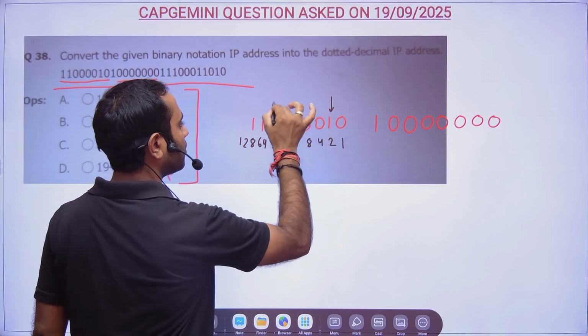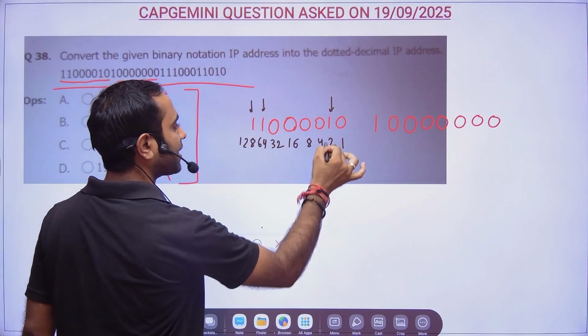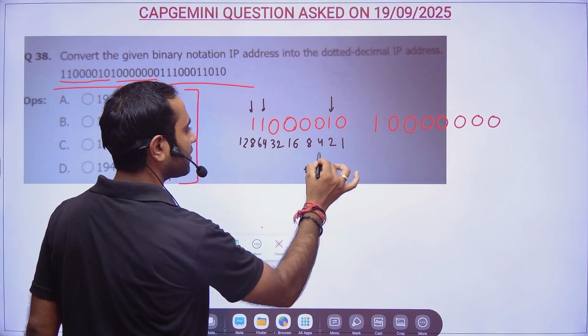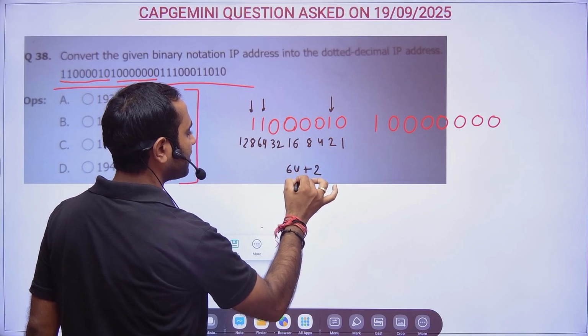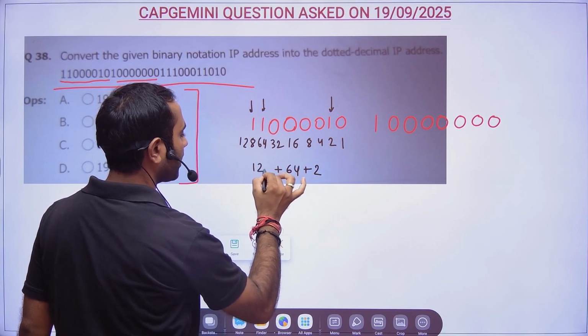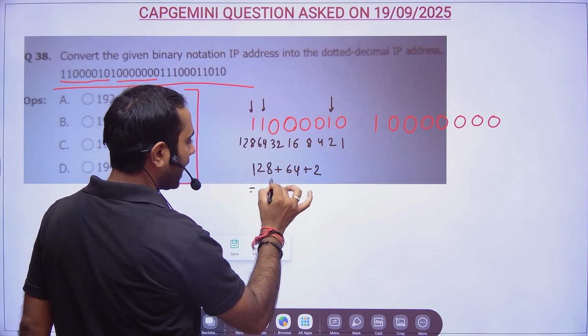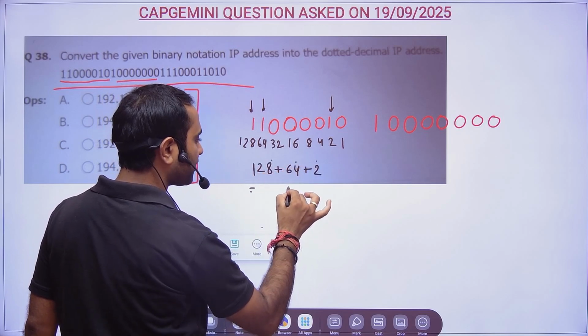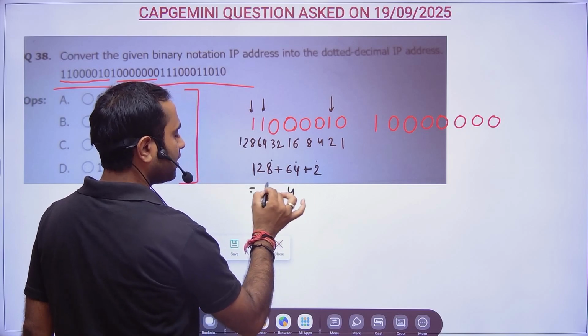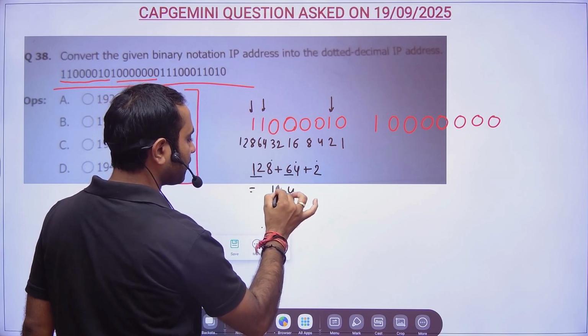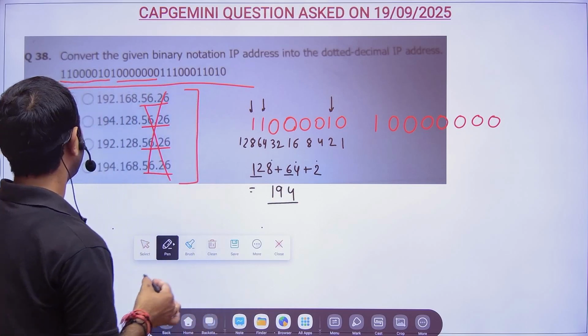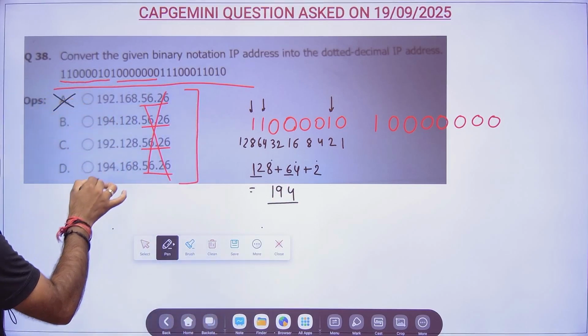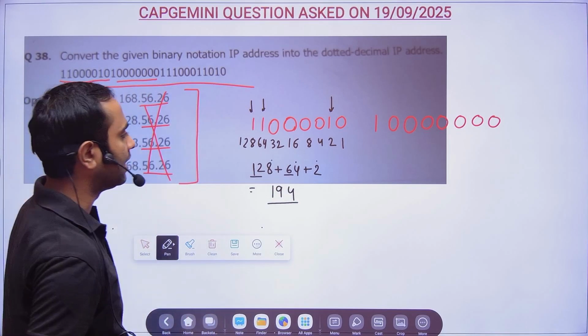Wherever 1 is there, you add that number: 2 plus 64 plus 128. 8 plus 4 will be 12, 12 plus 2 will be 14, and here 12 plus 6 is 18, plus 1 will be 19. So one thing is very sure, that option A and option C are already eliminated.